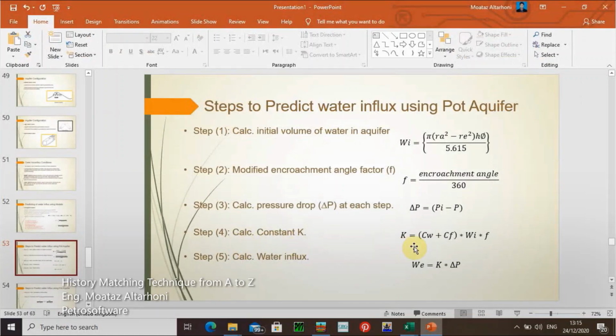Calculate constant K equal to rock and water compressibility multiplied by initial water volume. Then this is the total change in rock and water expansion, and that's the general equation.